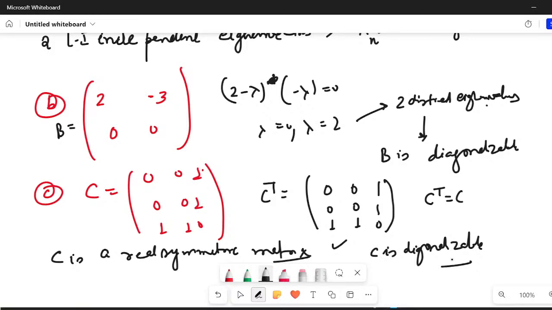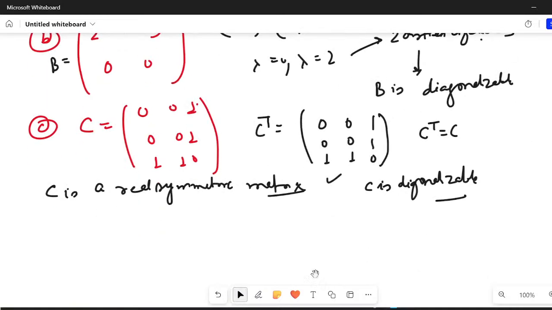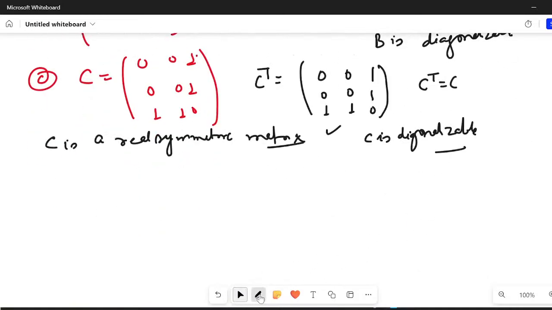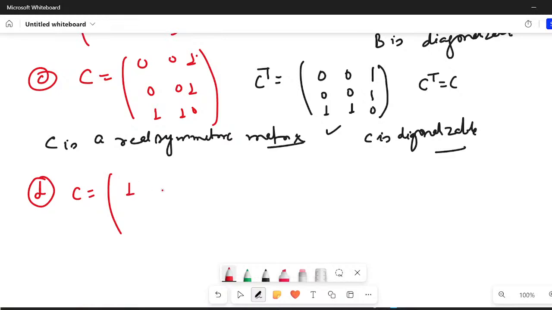Now think about the next matrix. Do you think this matrix is diagonalizable? Let me write it. This matrix, which is given by 1, 1 minus iota, and here 1 plus iota, and here 0.